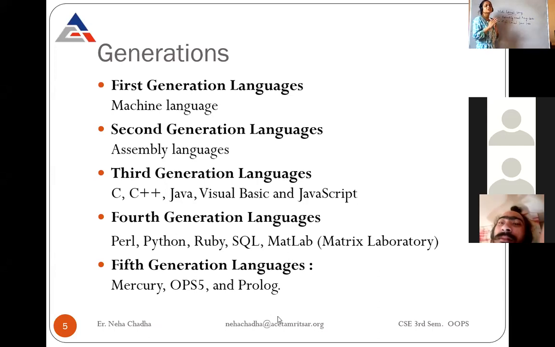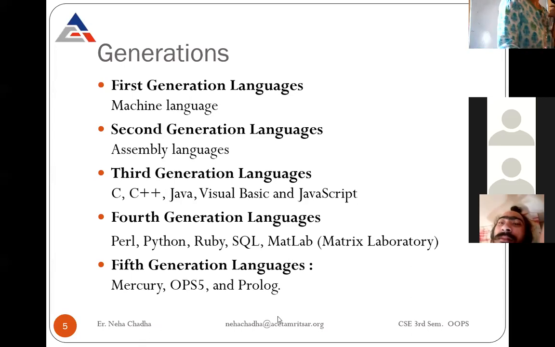When you go into research work or some data science work, and for the implementation of research practices, then you will use MATLAB or Python or Ruby, or some databases. When you cover artificial intelligence, then you use Prolog, Mercury, OPS5. With high level problems, you will use the fourth or fifth generation languages.